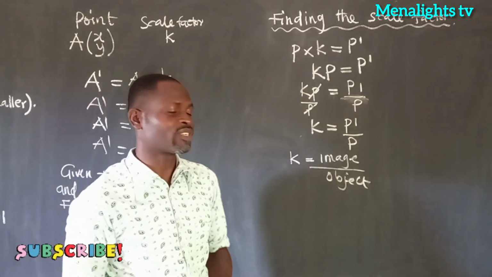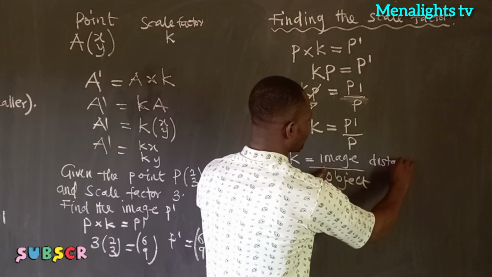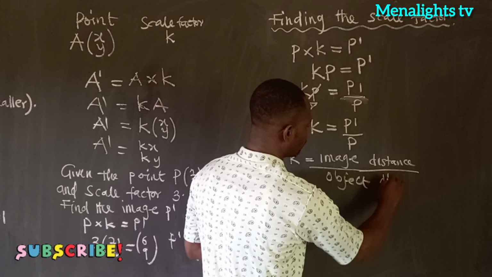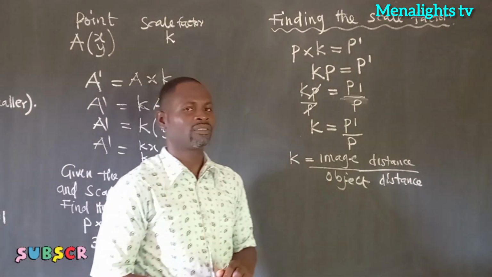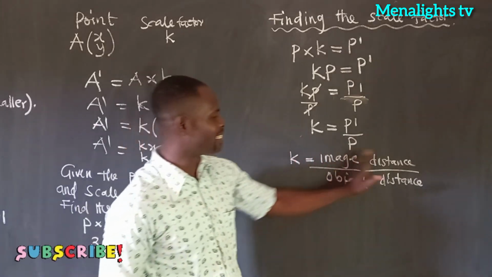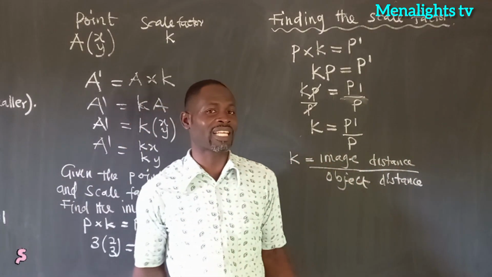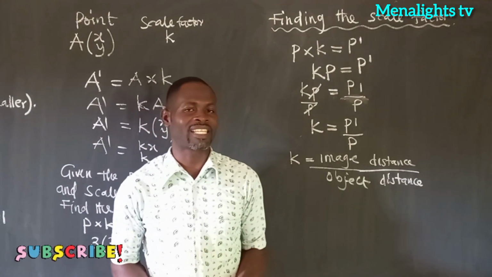So we can also continue to say that the image distance divided by the object distance is the scale factor. So the image distance divided by the object distance is giving us what? The scale factor.